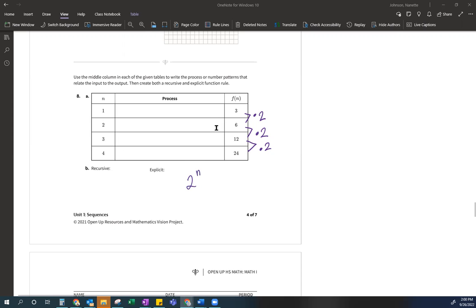So here I'm going to get this guy by multiplying 3 times 2, which would give me my 6. Right? And here, this is going to be 3 times 2 times 2. And this is going to be 3 times 2 times 2 times 2.